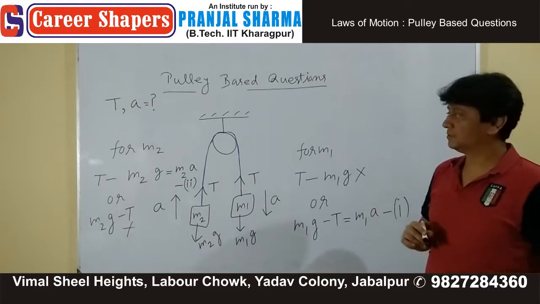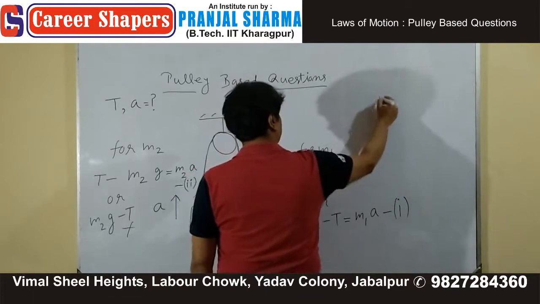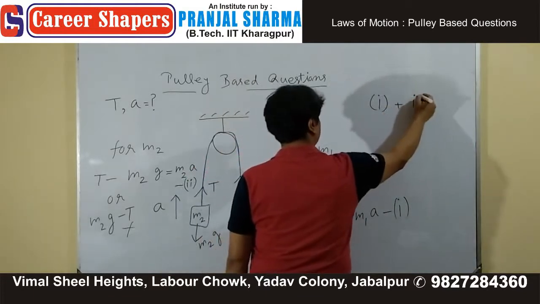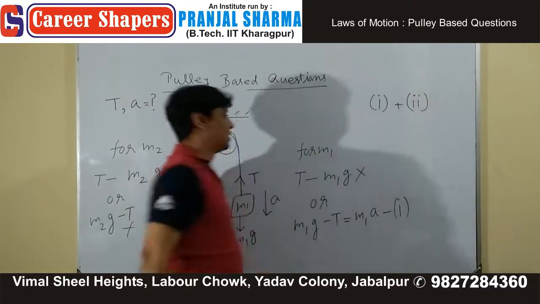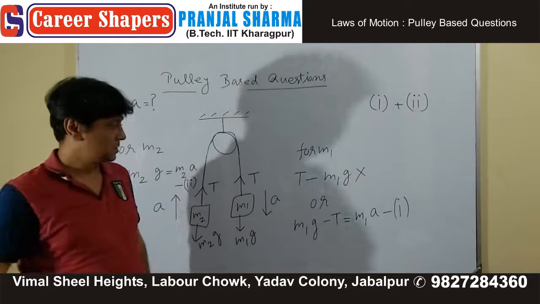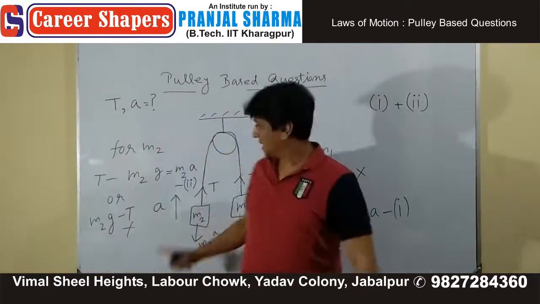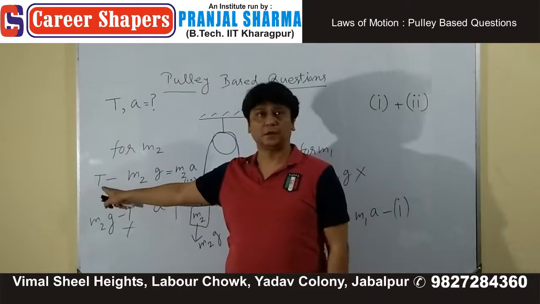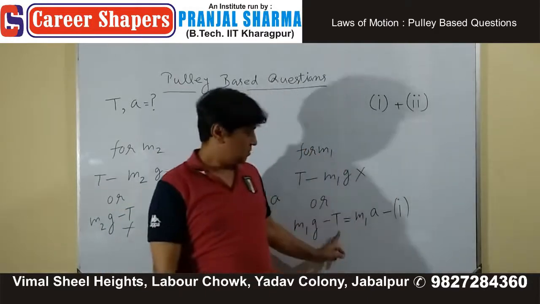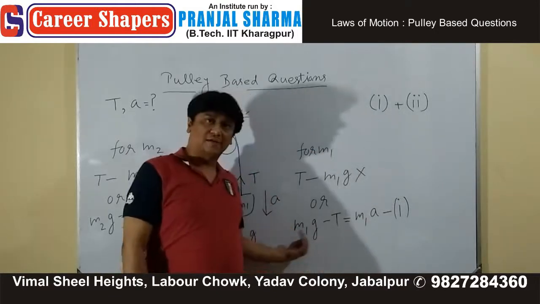For A, simply add equation number 1 plus equation number 2. Look at this, minus T and plus T. So when you add these two, T minus T, they're gone.